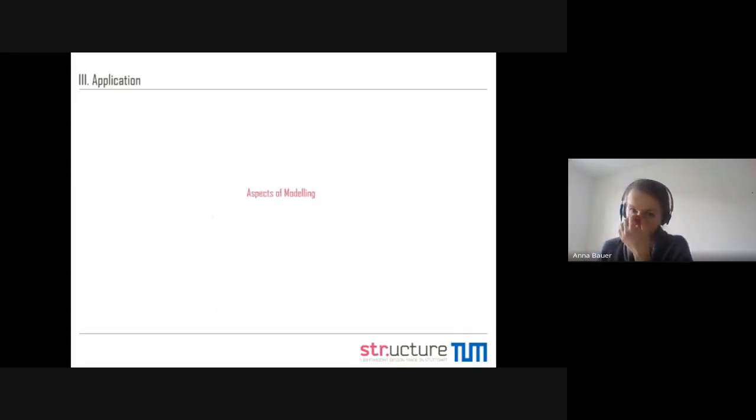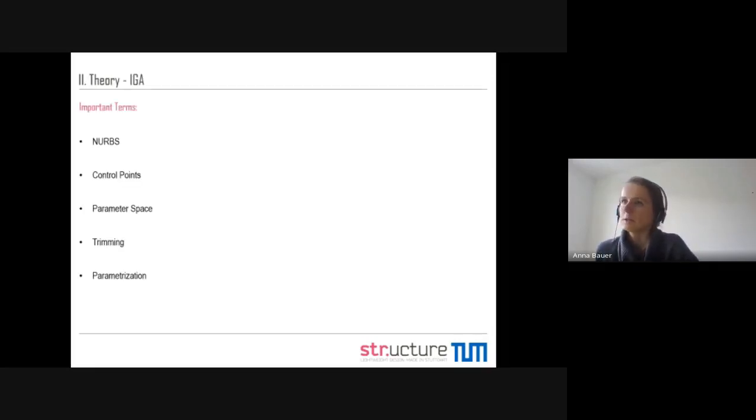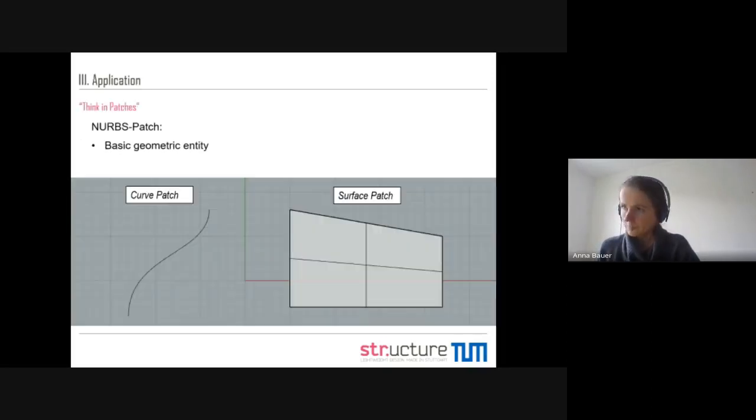And some last things: there are some aspects of modeling which you have to have in mind when you do that. The important terms are NURBS, control points, parameter space, UV or T, trimming, and the parametrization. I'm often saying patch. So patch is either a curve or a surface.